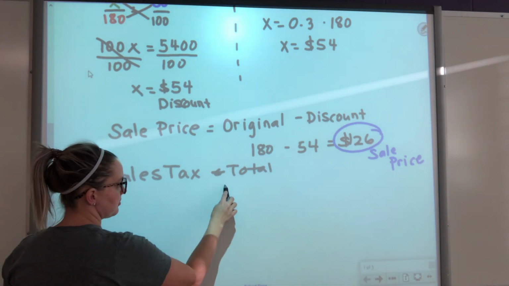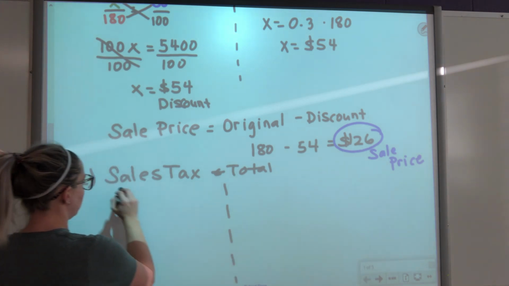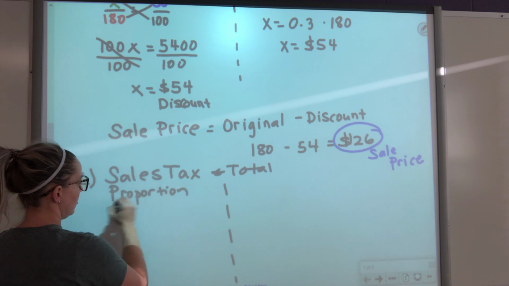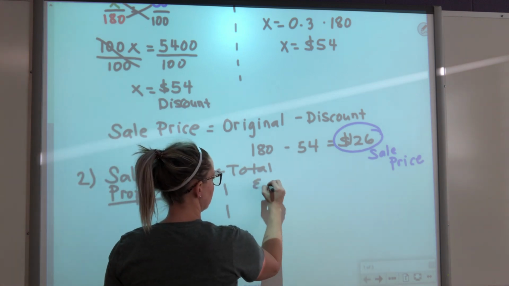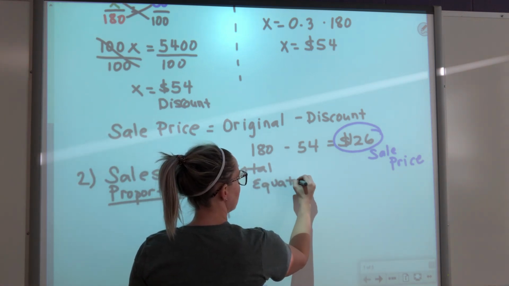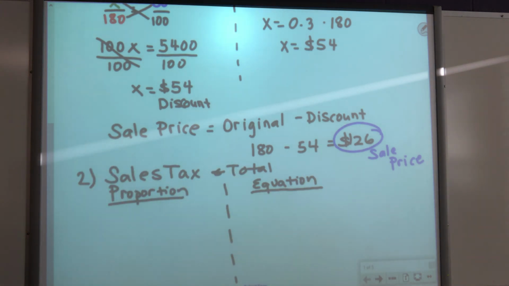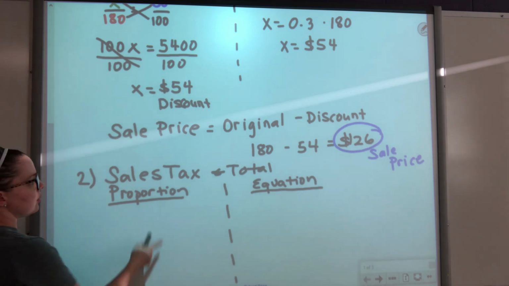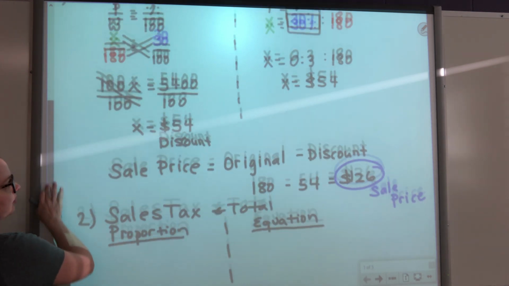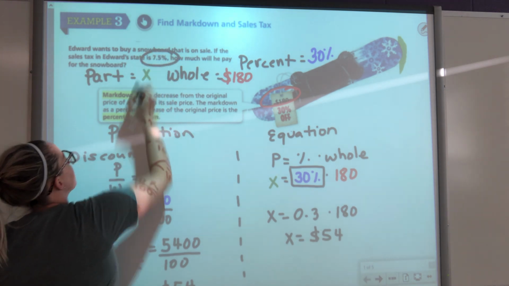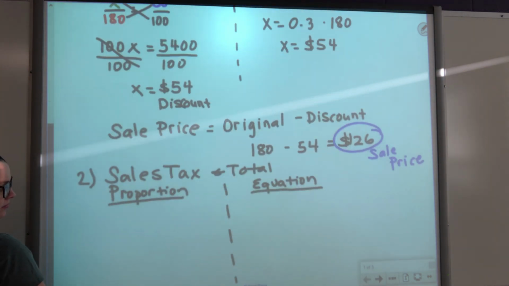So again, we're going to set it up two different ways. Your proportion and the equation. So we know from the problem, our sales tax is 7.5%.